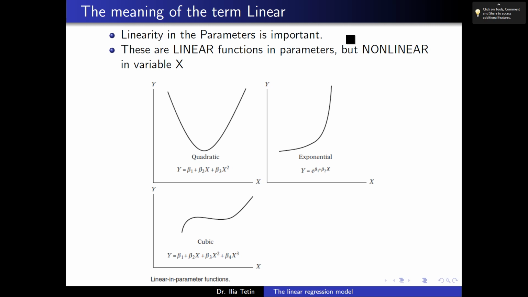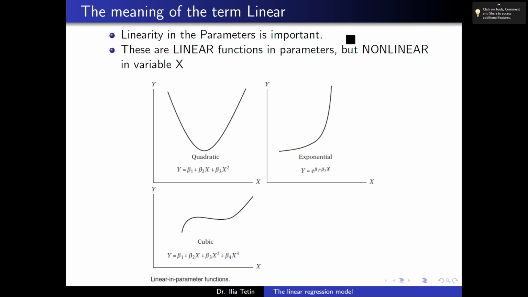What is y? Y is the dependent variable, consumption. What is x? X is the weekly income, and x squared may be the square of this weekly income. And we know that the formula we get is a parabolic or quadratic formula in the first graph, but this is a linear function in parameters, in betas.